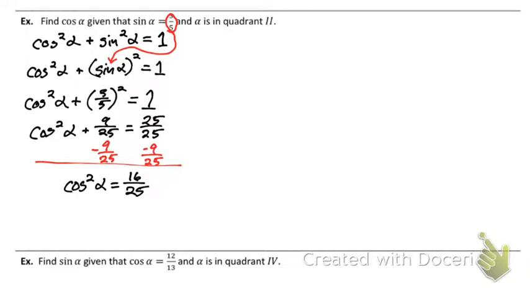If I gave you x squared equals 9, what do you do to both sides? Guess what you do if you have cosine squared on one side? You take the square root of both sides. So we are just going to take the square root of this and the square root of that, which is going to leave us with cosine alpha equals plus or minus.